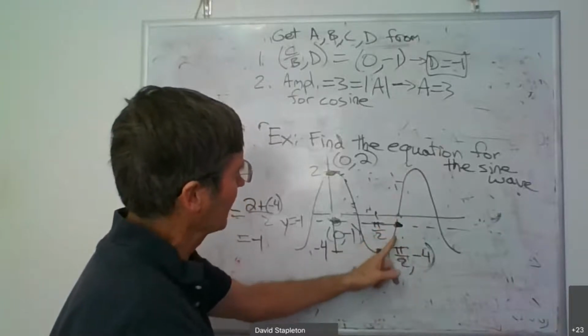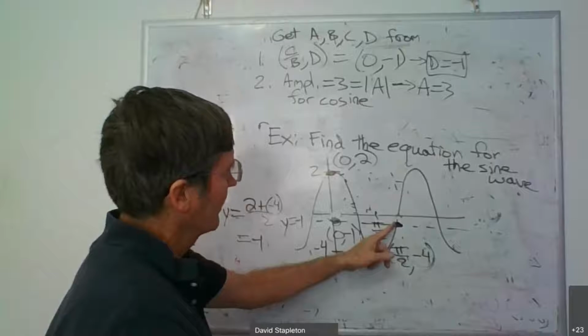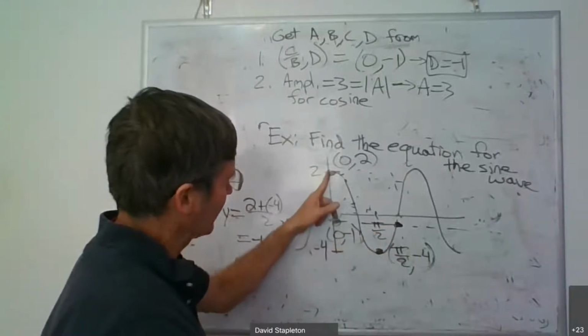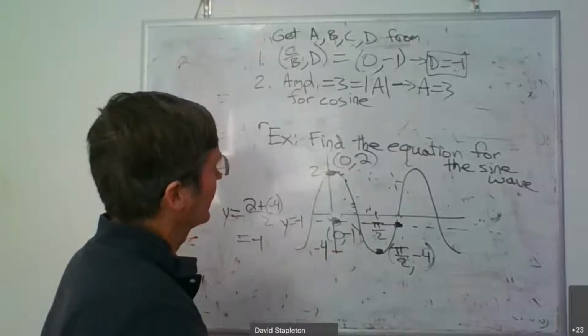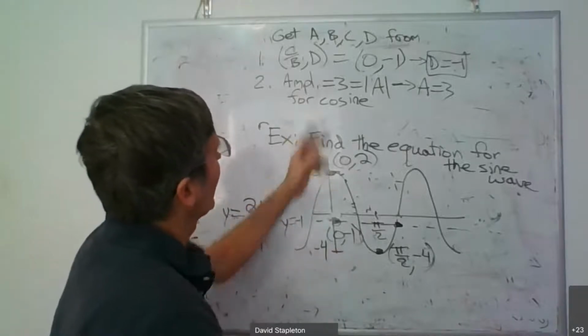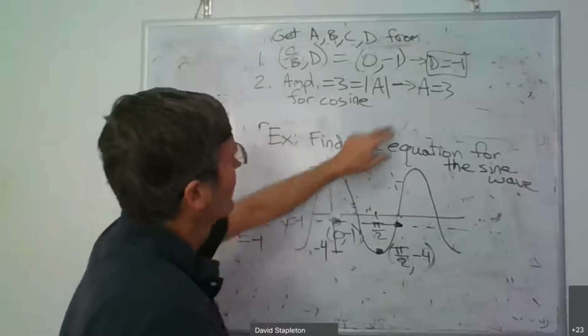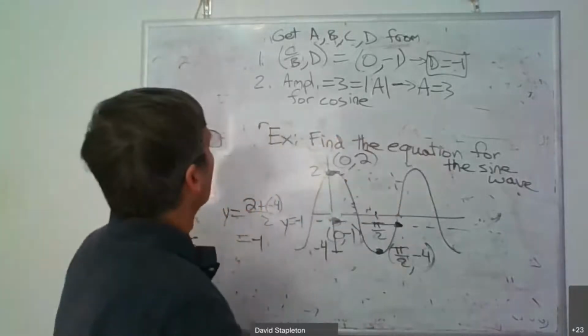And sine should go through the midline at the shift point. The cosine should start at the top of its graph, corresponding to the x coordinate of the midline. All right, so I'm going to say the amplitude is 3 for cosine, and I'm going to use cosine, so A equals +3.